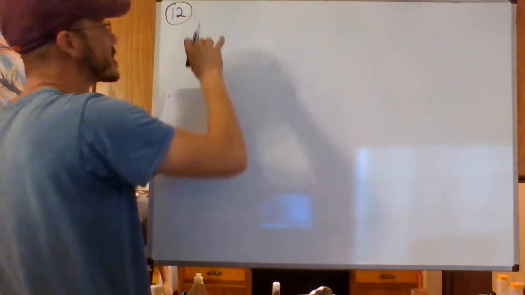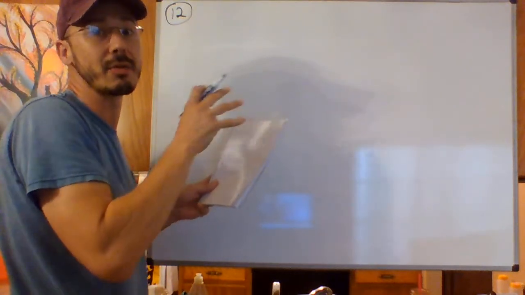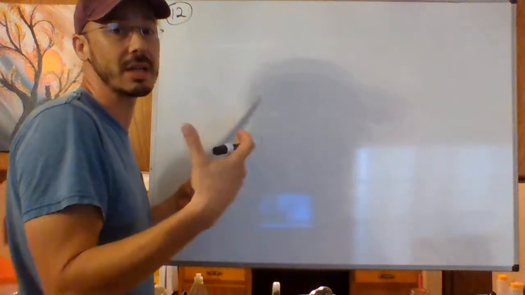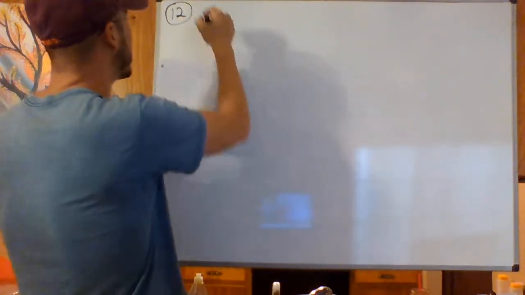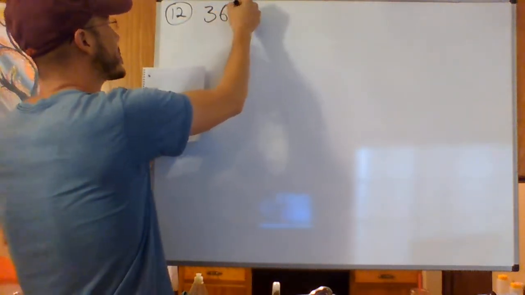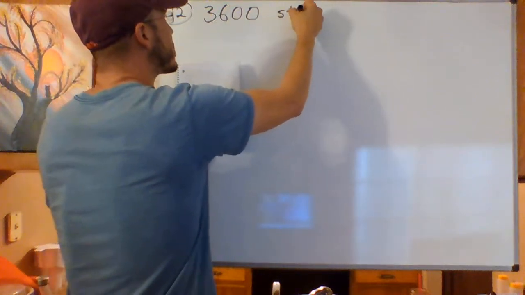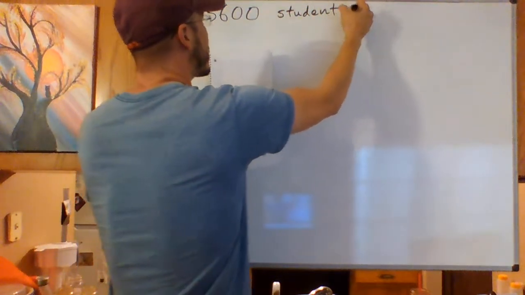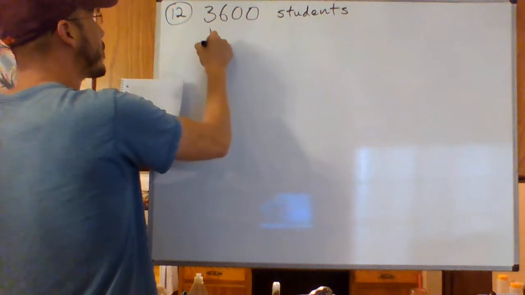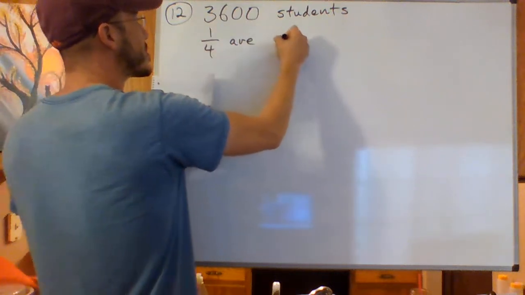This is number 12, and I'm going to summarize a little bit rather than write all of the words, but it's a paragraph that they've got here. In this situation, there are 3,600 students, and 1/4 are sophomores.